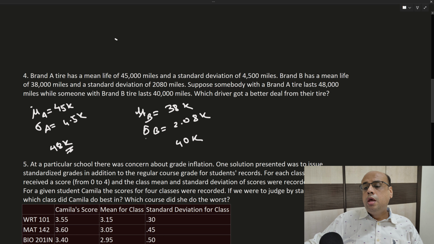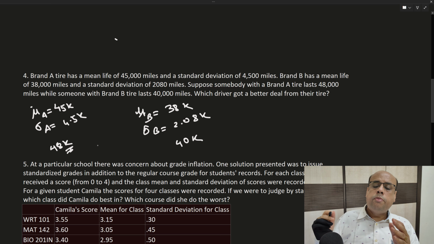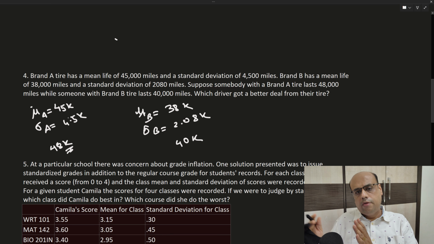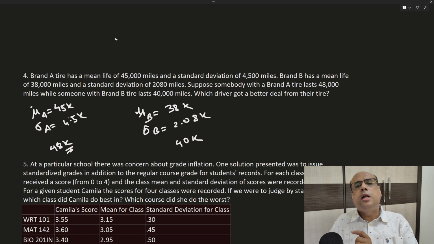The way to approach this problem is this: our common sense tells us that 48 is more than 40, so A is better than B. It's not like that. It depends on how far this 48 is from the mean, in terms of the standard deviation. The more the distance from the mean on the right-hand side, the better off it is.